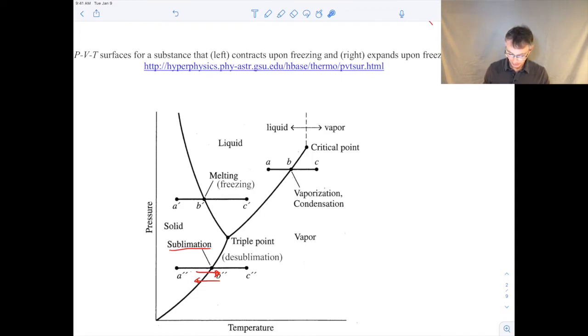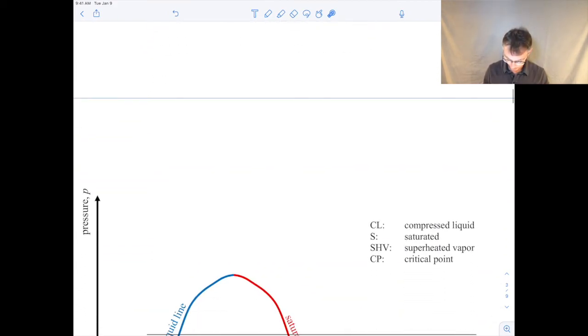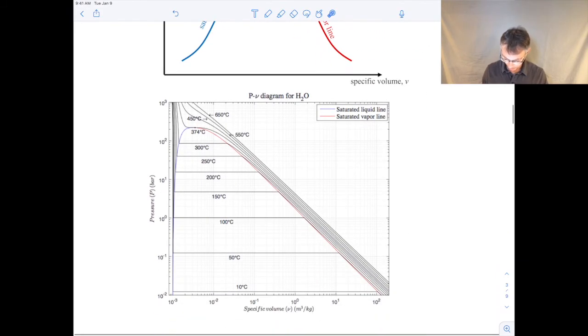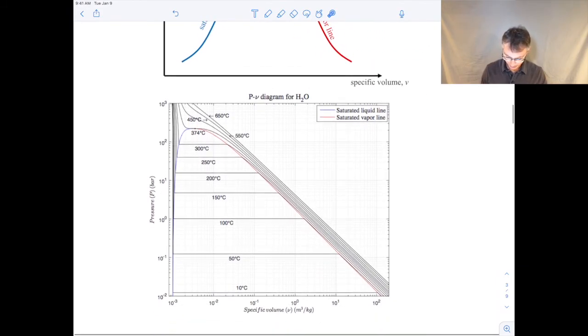Okay, now in our analysis, we won't really use this kind of point of view very often, the pressure temperature axes. Instead, we'll use pressure specific volume and temperature specific volume axes. So those are given down here. So here is, let me just focus on this picture here. This is again for water. This is a pressure axis. This is given in bars.